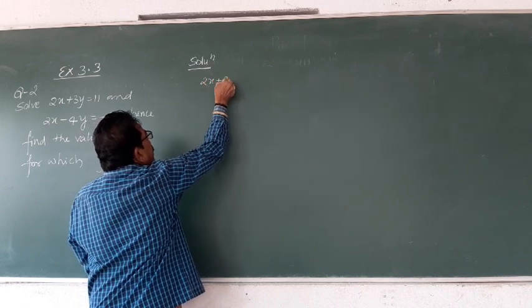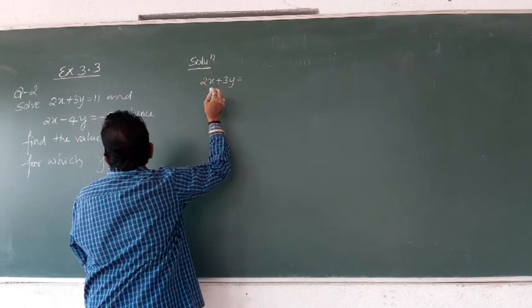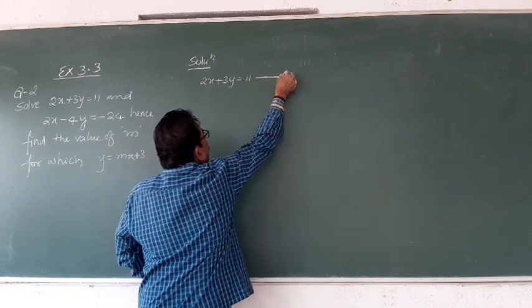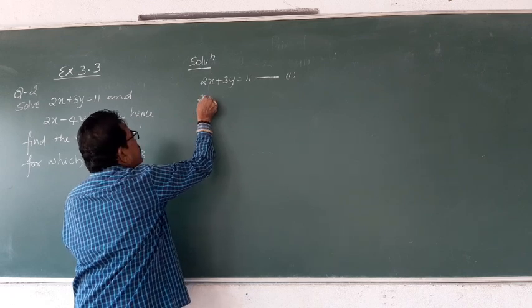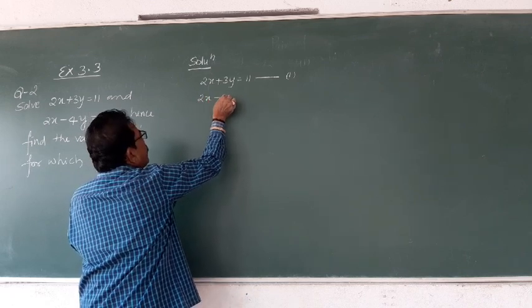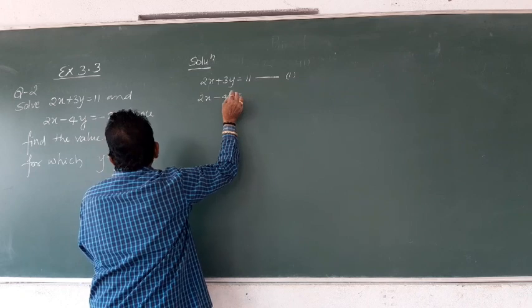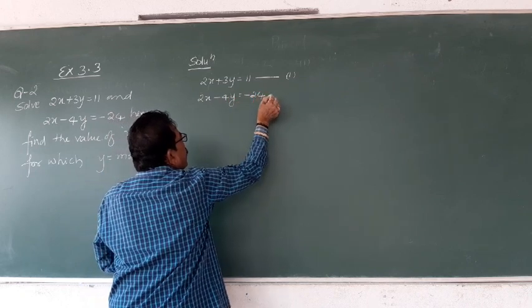Okay, let us continue the sum. Equation 2x plus 3y equals to 11. 2x minus 4y equals to minus 24.